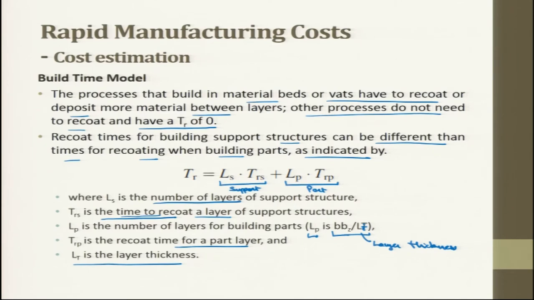LS and LP are the numbers of layers of the support and the part respectively, and TRS and TRP are the times taken to recoat the layers of the support and the part respectively. So this is TR, that is one of the elements in the build time model.